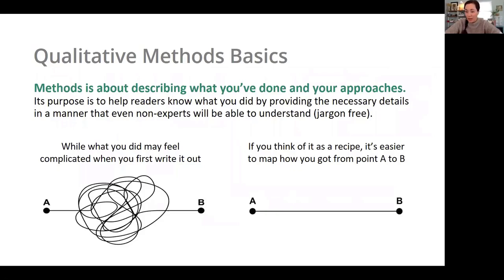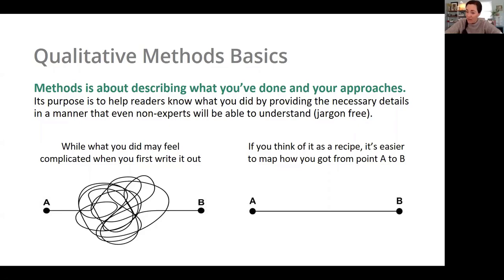So in brief, methods is about describing what you've done and your approaches. And it's with the purpose of setting the reader up for the findings that they're going to see soon, but it's also to give people a good understanding of what you did. The reader then knows through the details that you provide in the methods how you went about your project.